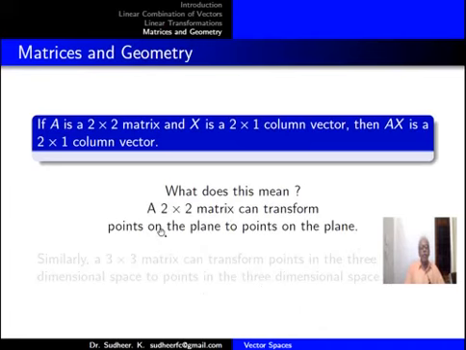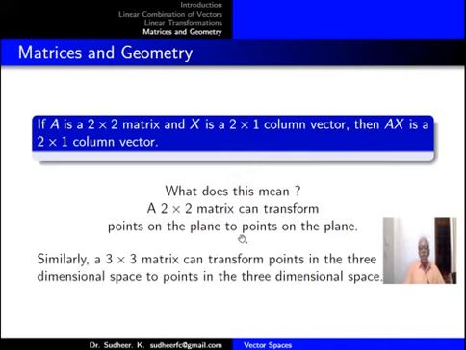If A is a 2 by 2 matrix and X is a 2 by 1 column vector, then AX is a 2 by 1 column vector. Why? Because you have observed that a 2 by 2 matrix is a linear transmission or linear operator on R2, and elements of R2 are 2 by 1 column vectors, and a 2 by 2 matrix will be then transforming points or 2 by 1 column vectors to 2 by 1 column vectors.